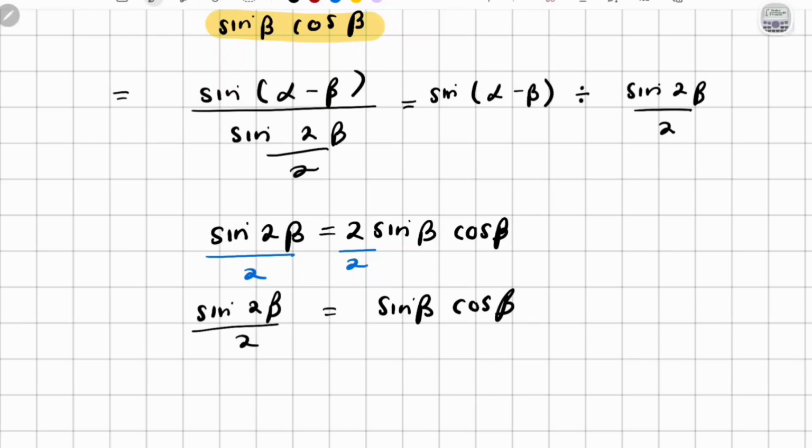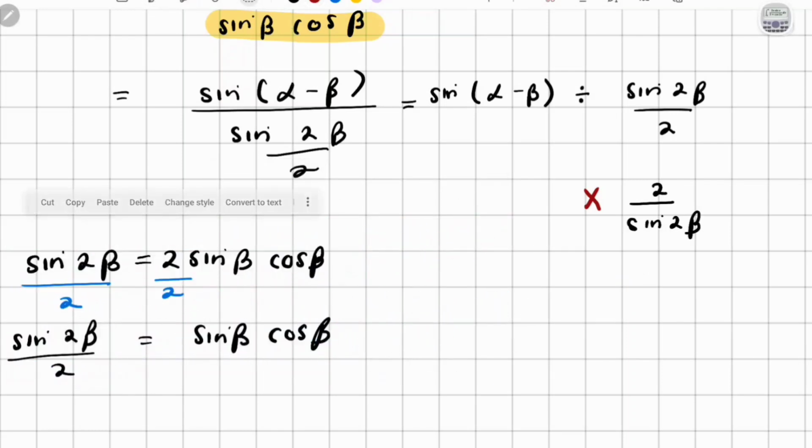Then because we are dividing, we use the rule tip and times, meaning we tip the second fraction, swapping the numerator and denominator. So now it is 2 over sine 2 beta. And then you change the division sign into a multiplication sign. And of course, we still have the first fraction exactly the same, sine alpha minus beta.